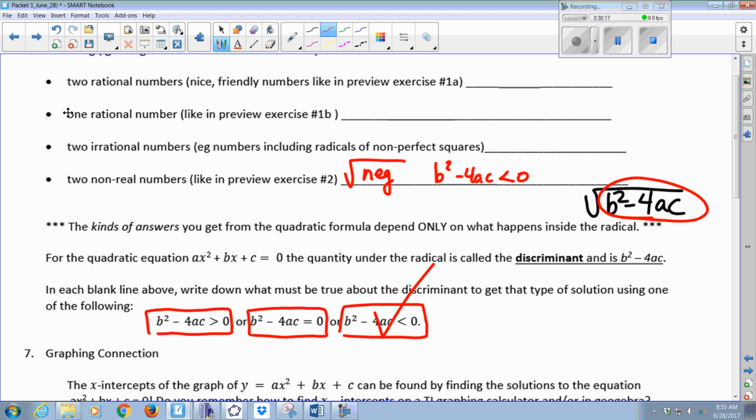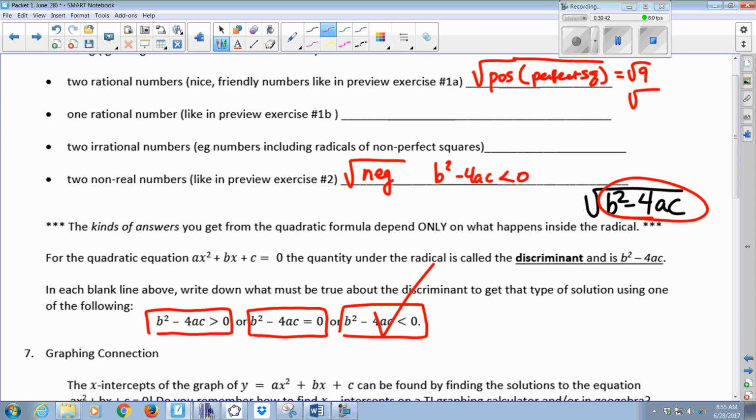Okay, what about the situation where we have 2 rational numbers that are nice and friendly? Well, that's when we get a square root of a positive number, but the positive number, to make this nice and friendly, happens to be a perfect square. So in other words, square root of 9, for example, will be 3.